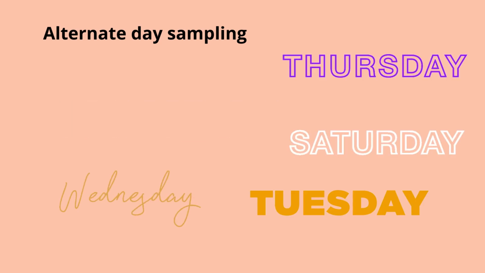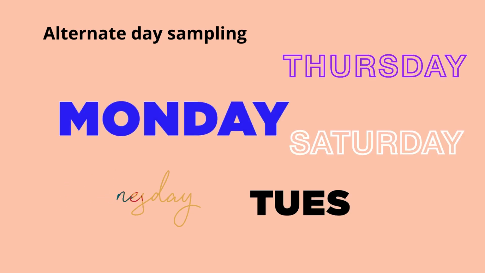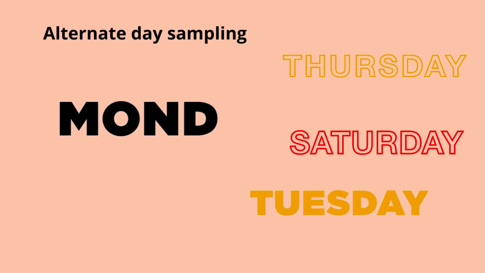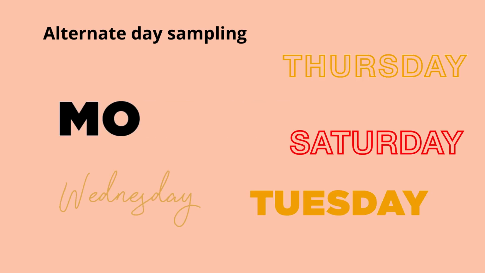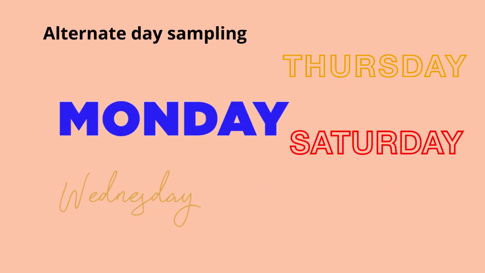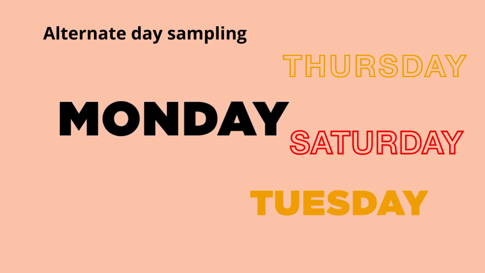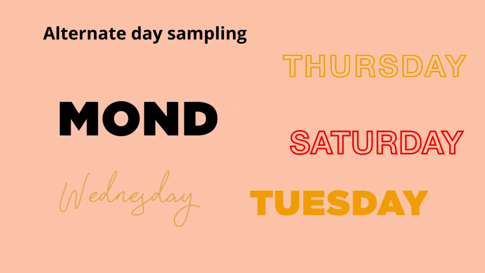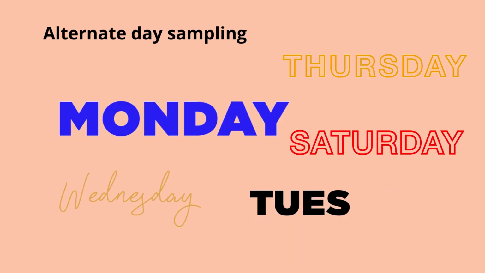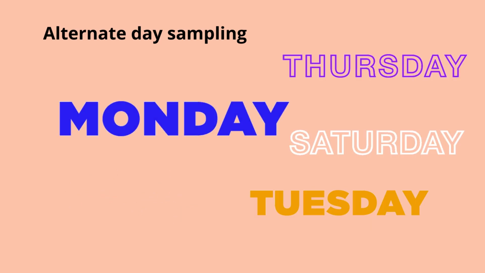Alternate day sampling is another type of systematic sampling. This method is to select all patients who meet the case definition who present to a facility on a certain day or on certain days of the week. This can reduce the logistical challenges of surveillance by confining the laboratory specimen collection efforts to a certain day or to certain days of the week.